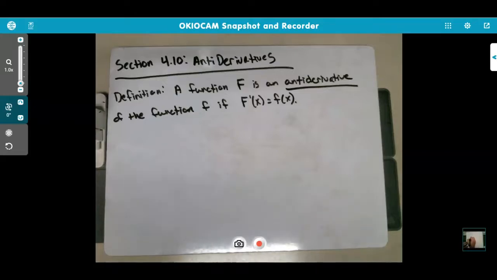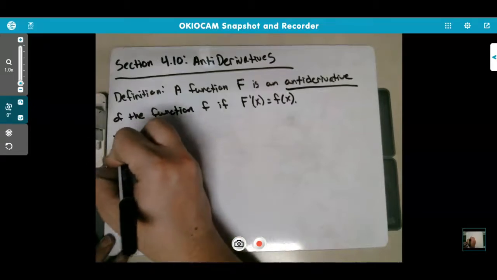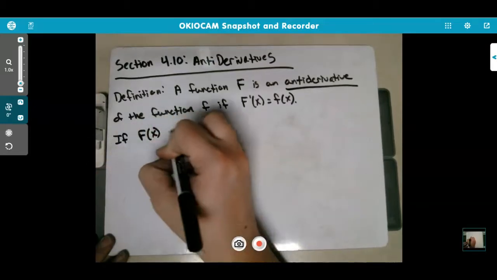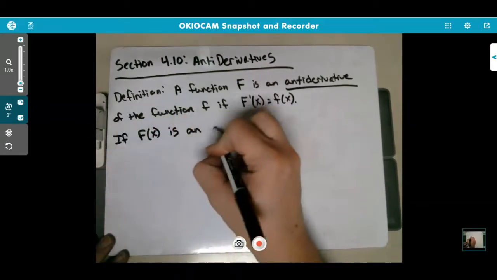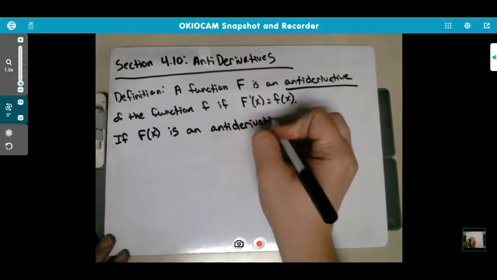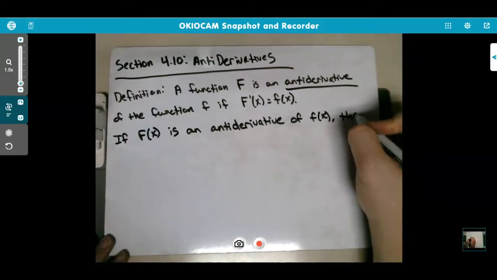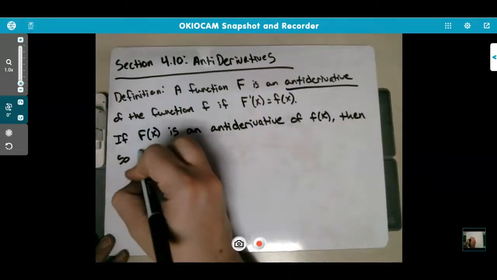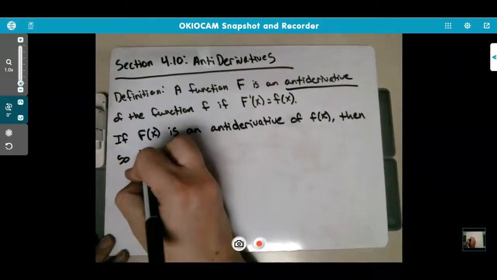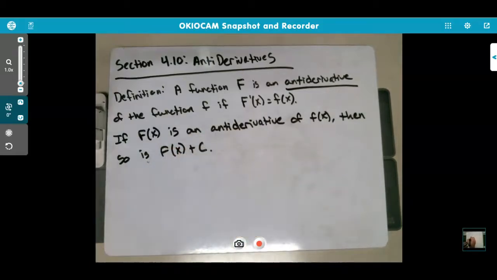One very cool thing to note is that if capital F of x is an antiderivative of f of x, then so is capital F of x plus a constant. Let's think about why that makes sense.